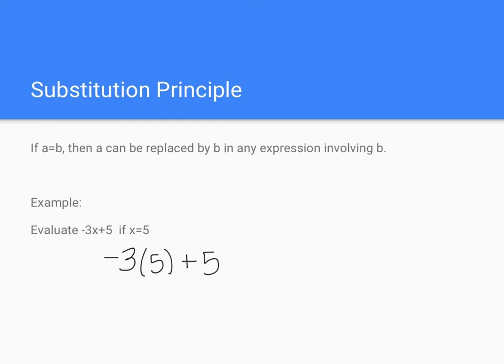So then we can invoke our order of operations. Negative 3 times 5 is negative 15, plus 5 is negative 10. So that is how we evaluate algebraic expressions using the substitution principle.